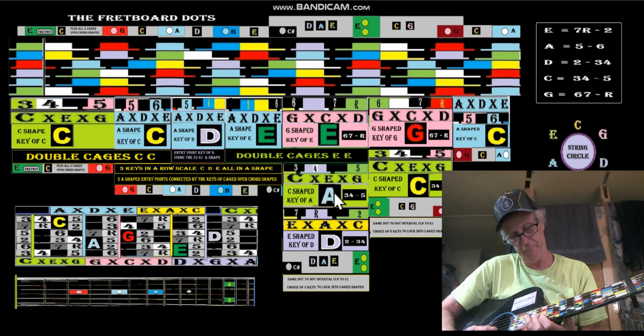5th of G would be the D shape. 2, 3, 4, 5, 6. I didn't warp up.